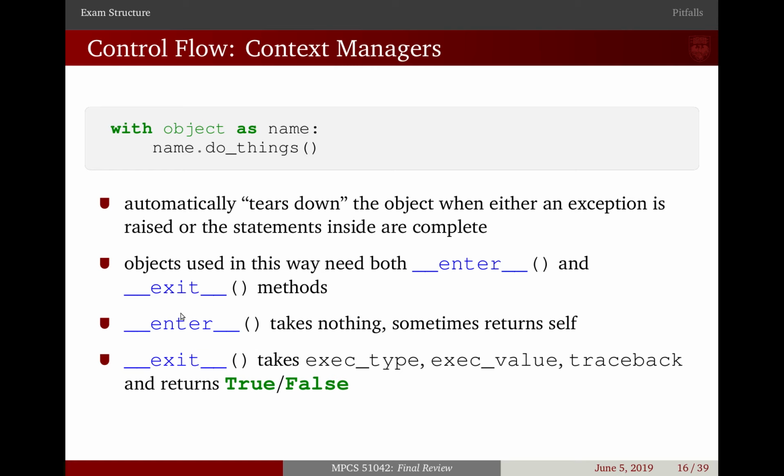And exit will take a few different things: the exception type, the exception value, which is essentially like a failure or success error code, and a traceback, so that if something did go wrong, you can print that to the screen and show the developer or user what went wrong. It then returns true or false to say whether or not its own teardown process was successful.